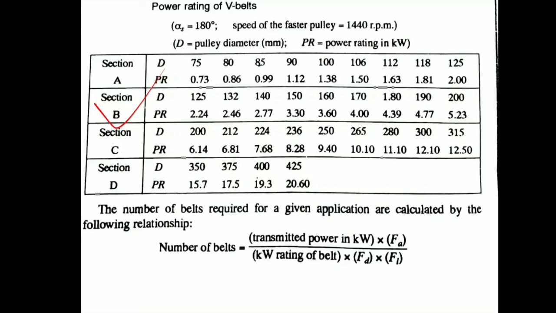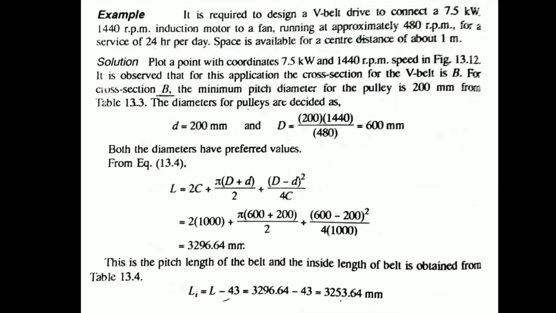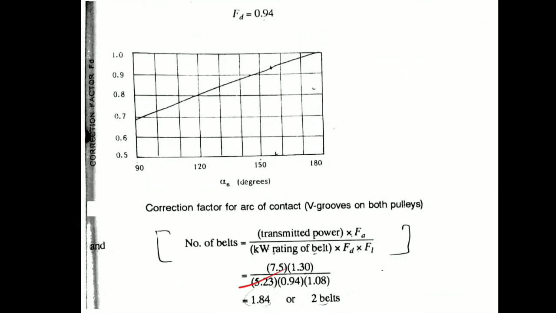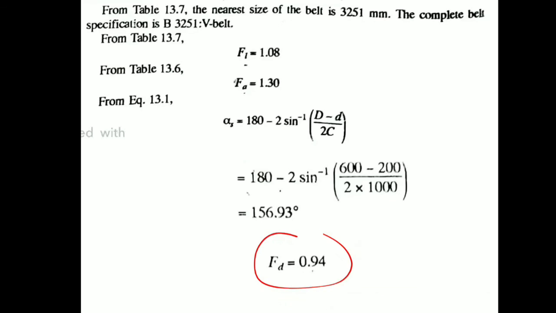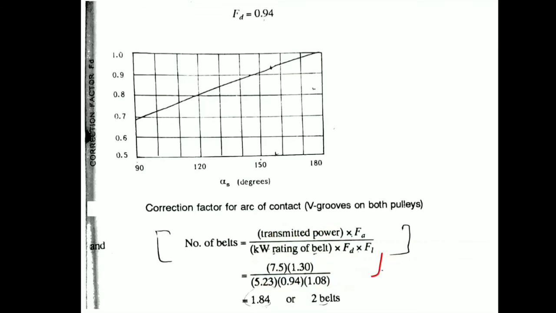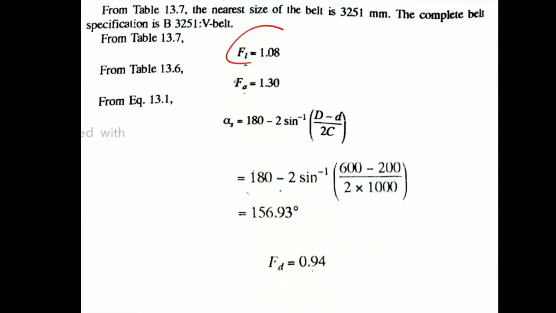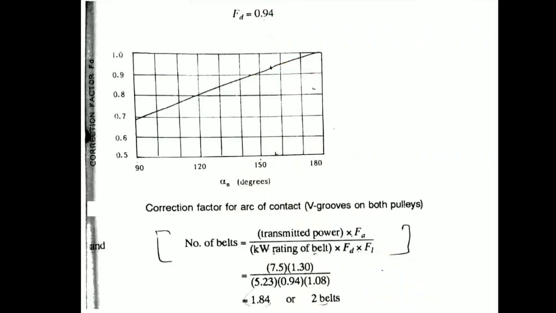For 200 the power rating is 5.23. So 5.23 power rating I have added here. Then FD, the arc of contact factor, 0.94, and FL is 1.08, which we have selected from the chart. So by this way, the number of belts for the V-belt drive is 1.84, that is 2.